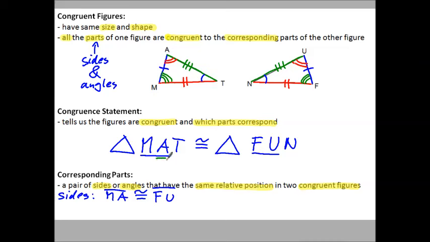Then let's look at segment AT, which was the one we marked in green. That one is congruent to segment UN. AT is congruent to UN. And our longest segment, MT, is congruent to segment FN.